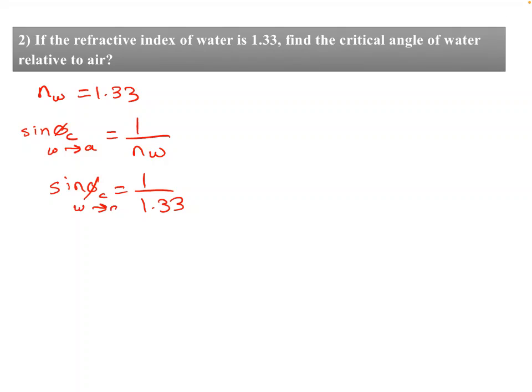Use your calculator to calculate it. Who can tell me? 1 over 1.33, and after that shift sine, and you will get the result phi c equals 48.75 degrees. This is the answer. I think that is very easy now.